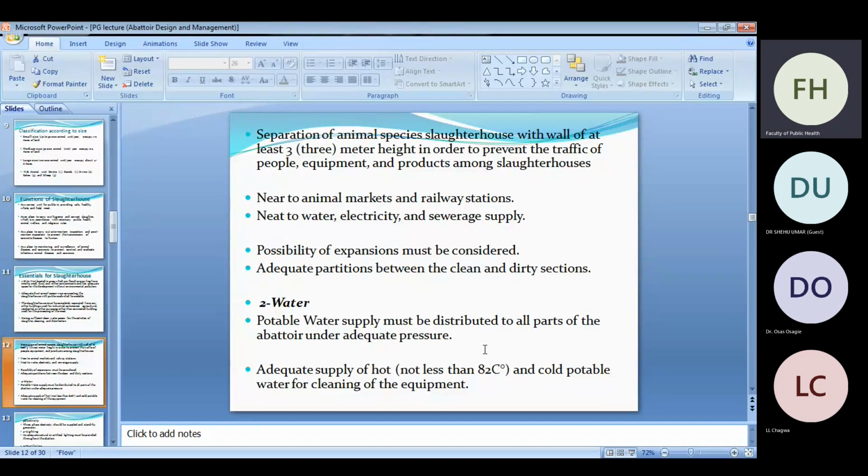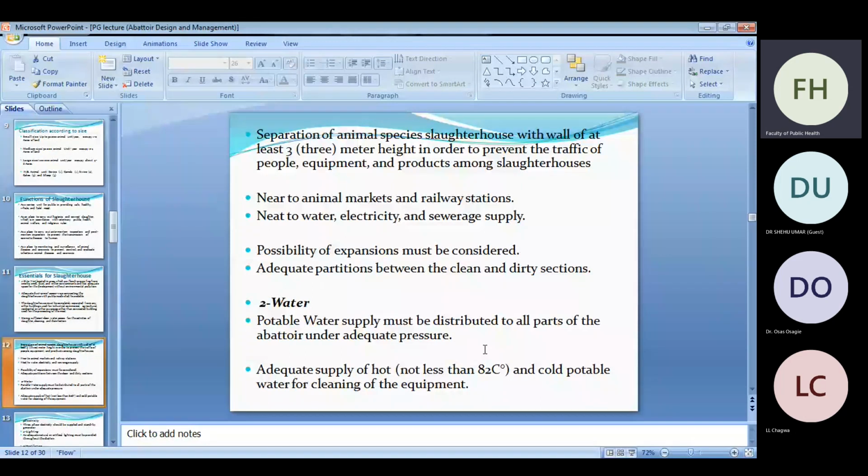Apart from siting of the abattoir, what other basic essentials are in a slaughterhouse? Water. You cannot talk about an abattoir without adequate water supply, because you use water in almost all the processes. Potable water supply must be distributed in all parts of the abattoir under adequate pressure.